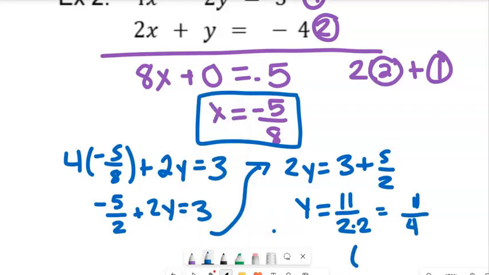Okay, so my point of intersection here is negative 5 over 8 and 11 over 4.